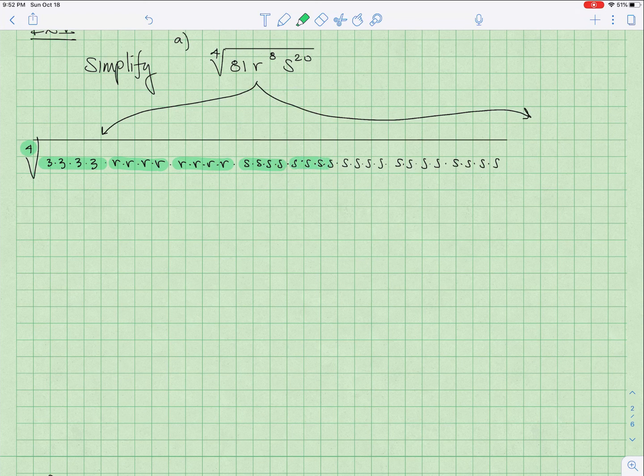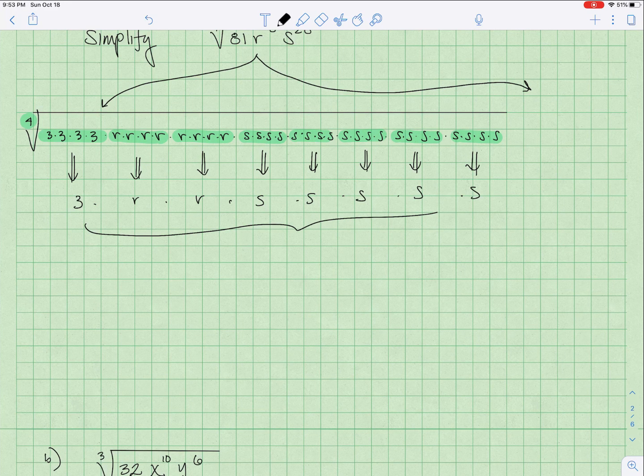Let's fix that. 2, 3, 4, 5 groupings of s, which means that this is going to be a single 3 times an r times an r times an s times an s times an s times an s times an s, for a grand total of 3 r squared s to the 5th power. That's our answer. But there's a better way to do this.